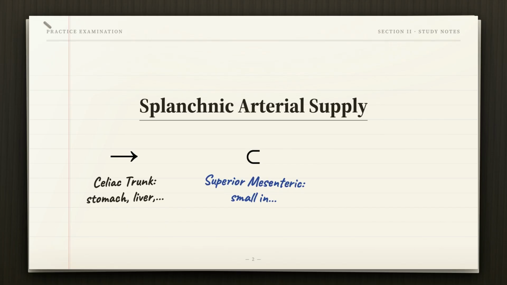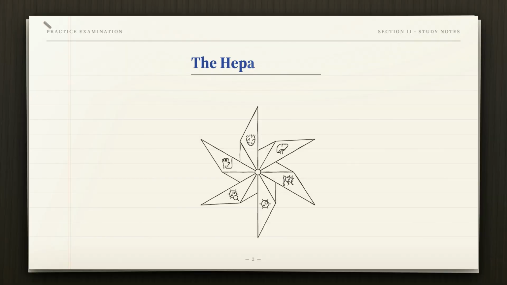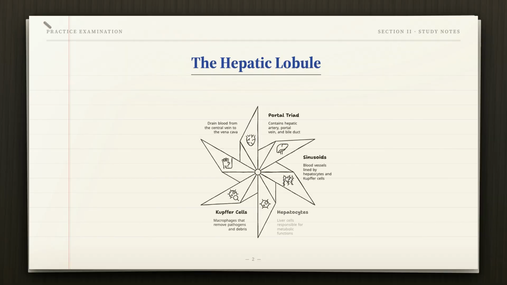The superior mesenteric artery supplies most of the small intestine and proximal colon, and the inferior mesenteric artery supplies the distal colon. Together they claim roughly a quarter of resting cardiac output. Inside the liver, blood enters at the corners of each hexagonal lobule through portal triads, then flows inward past hepatocytes and Kupffer cells, the resident macrophages that engulf bacteria and debris.